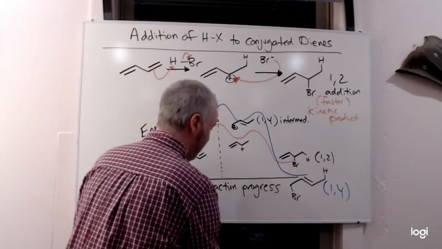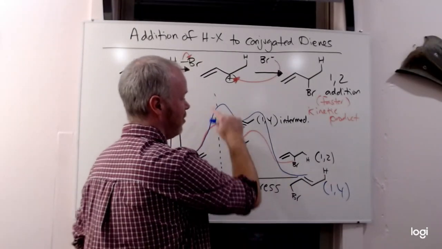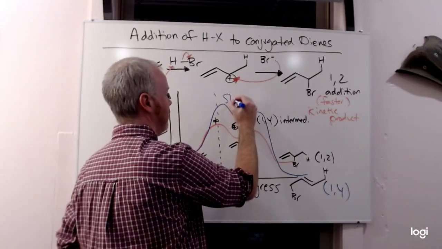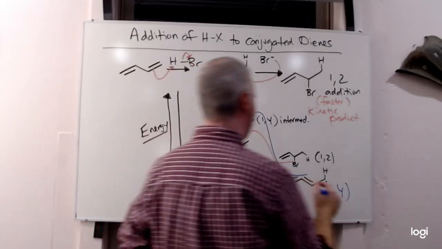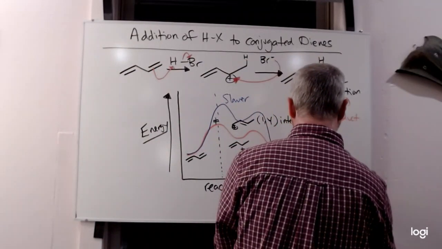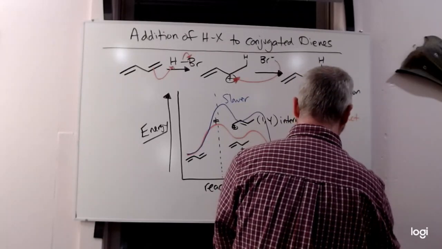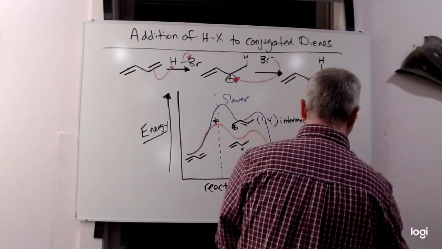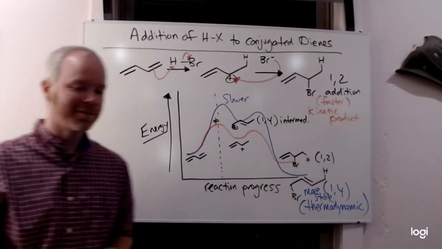In this case, this is a slower route, but in this case, and not in every case, it makes a more stable product, which we can call the thermodynamic product. Right?